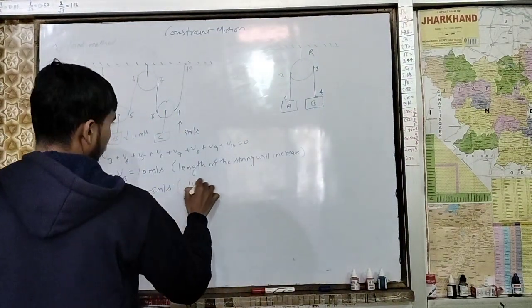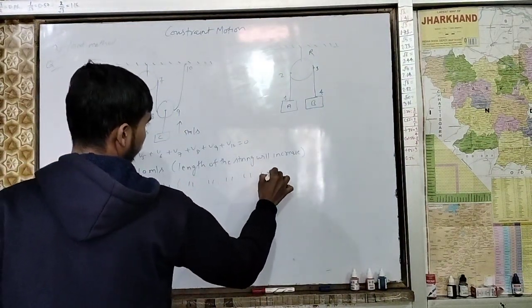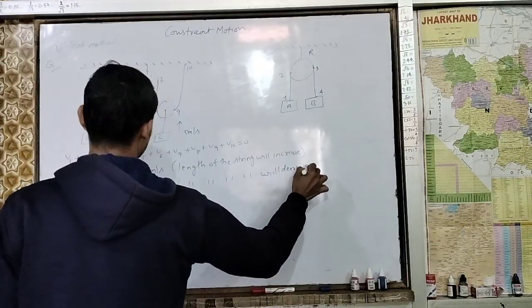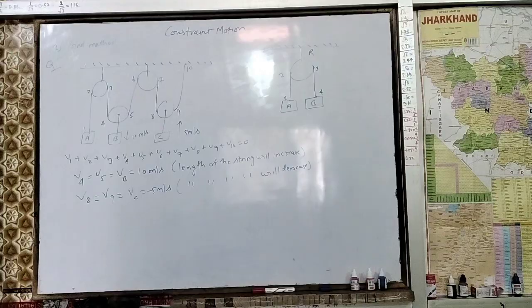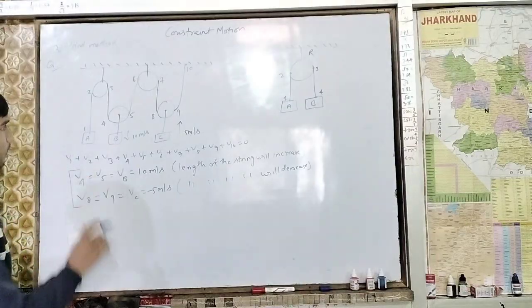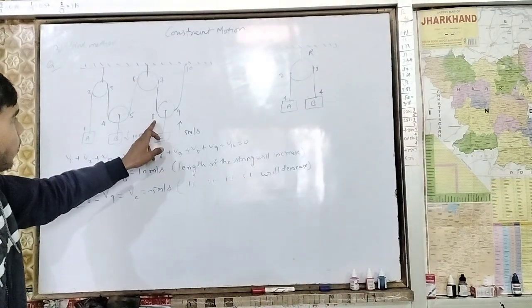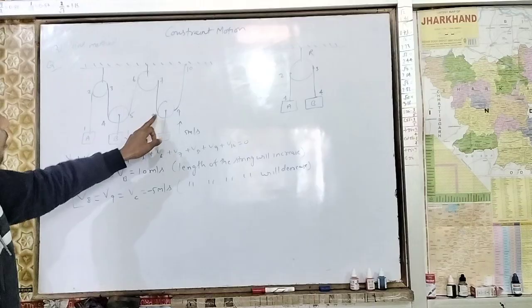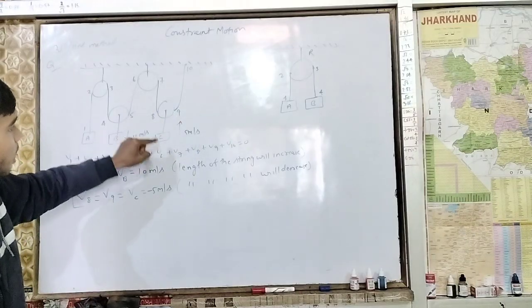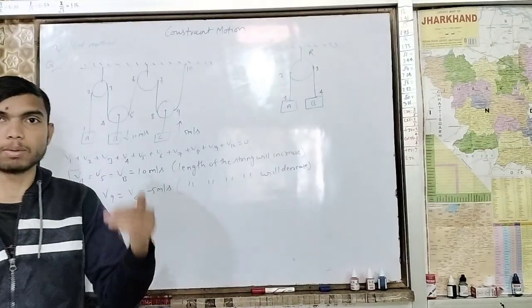In that case, everything will decrease. Okay. Meaning of this point is whatever will be velocity of 8 will be equal to velocity of 9, and with the same velocity block C will be moved upward.